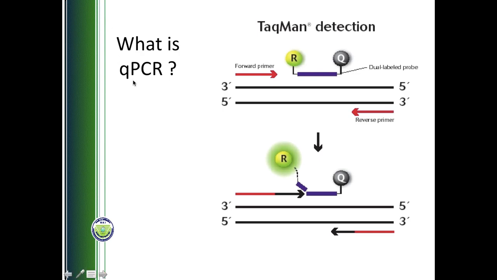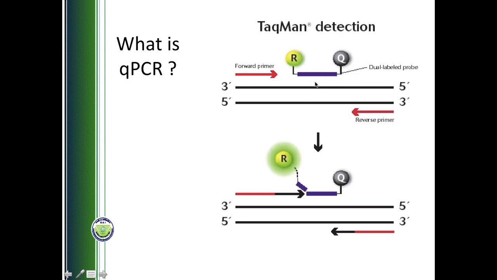But how is that achieved? In qPCR, besides the two primers, which we call the forward primer and reverse primer, shown here in red color, with the target DNA shown in black color, there is an extra probe shown here in purple color. This extra probe binds to the target DNA, again in a sequence specific manner.